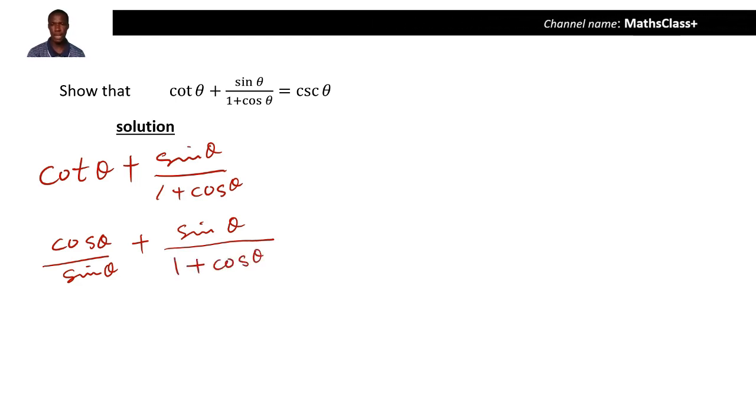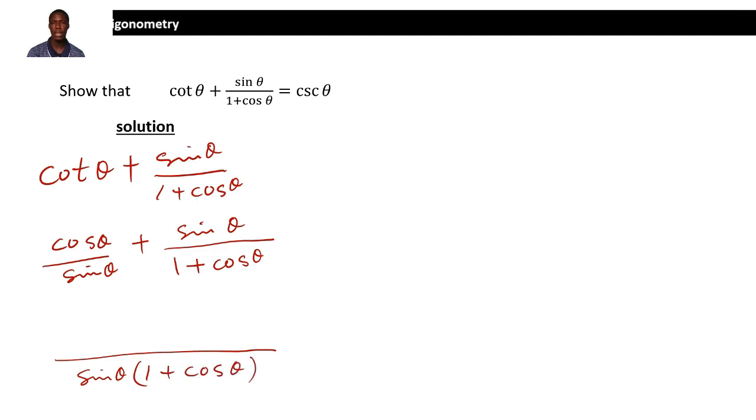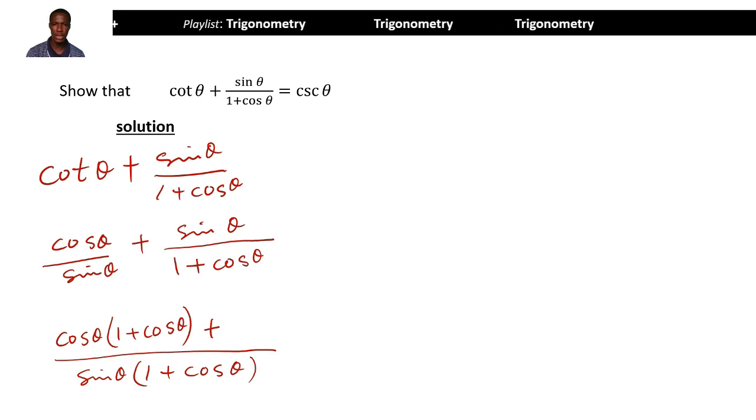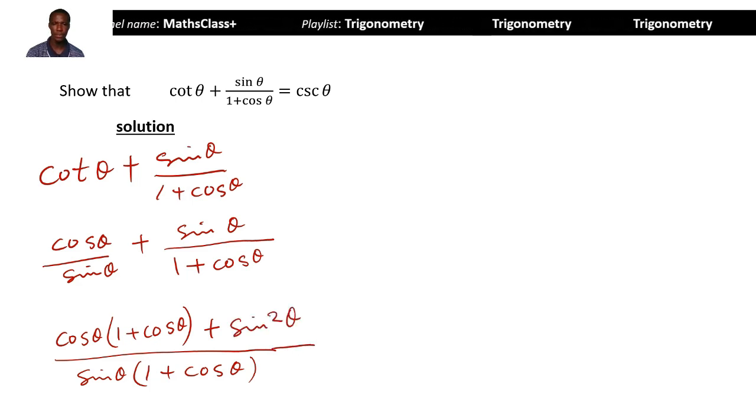Now my LCM will be sine theta multiplying 1 plus cos theta. Then my numerator, cos theta, will multiply 1 plus cos theta. Then sine theta will multiply sine theta, which will give me sine squared theta. Okay.